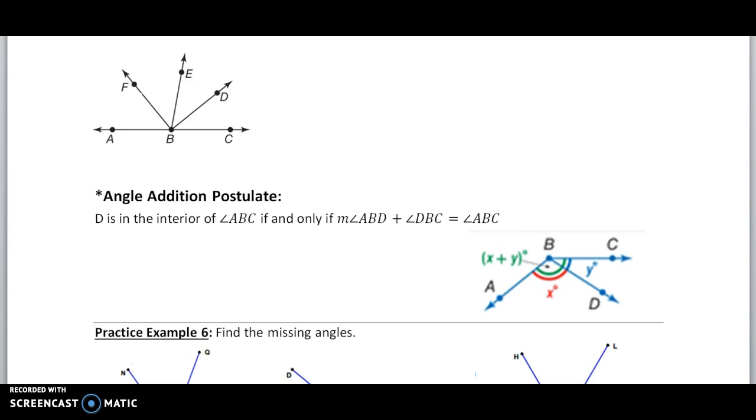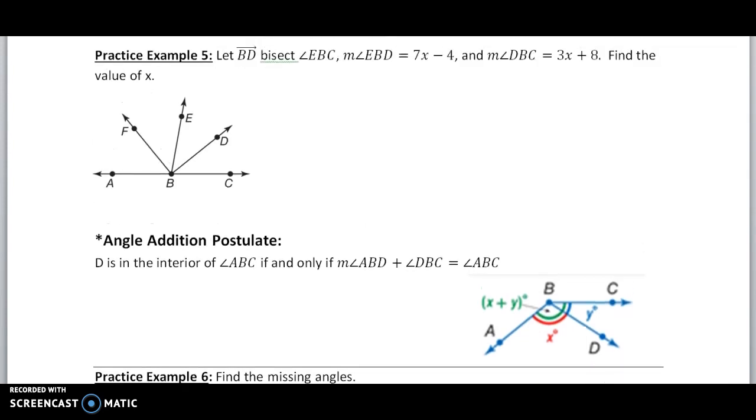We're going to go to example 5, and I went way too far. Okay, example 5, so turn the page to page 11. Page 11. Okay, and we're going to do this example. So we're going to let ray BD bisect angle EBC.